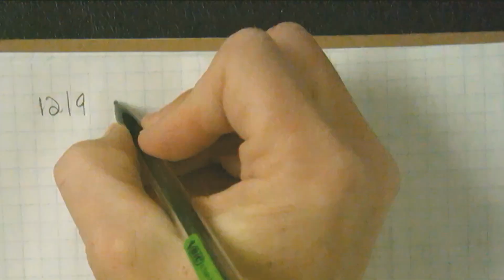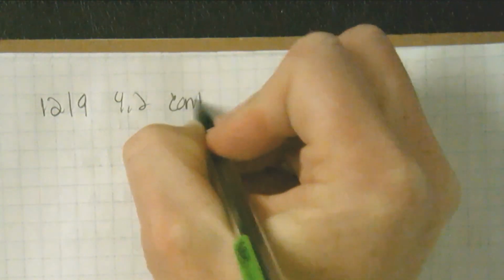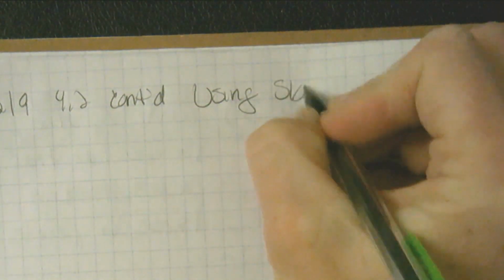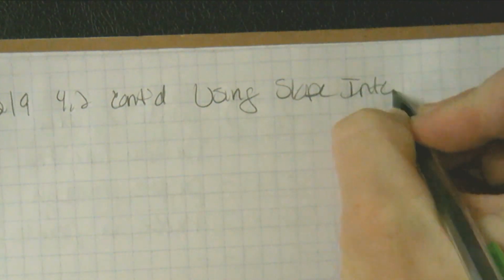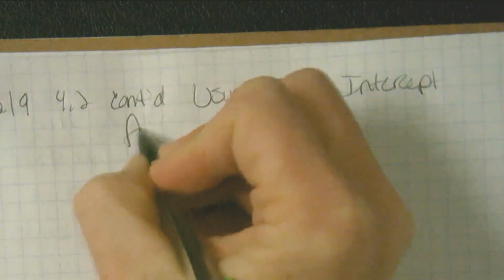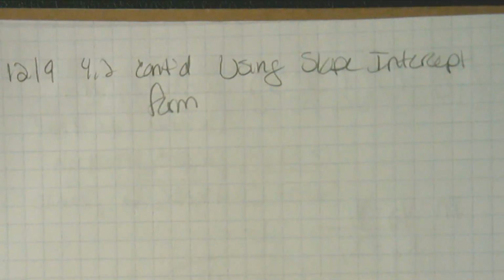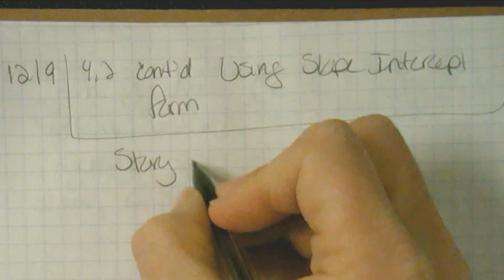So we are doing 4.2 continued. All right, so we're using slope-intercept form. So let's talk about story problems.